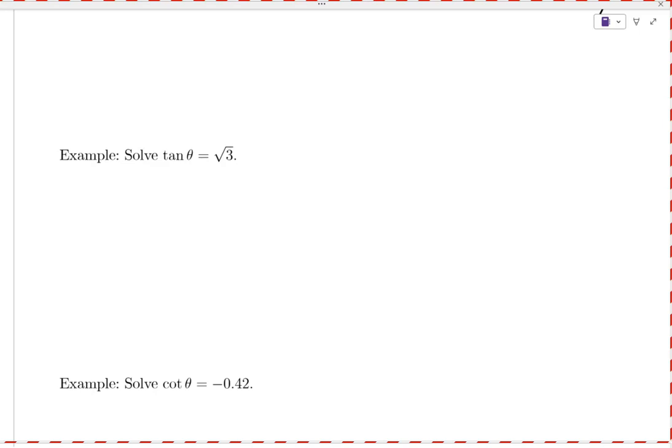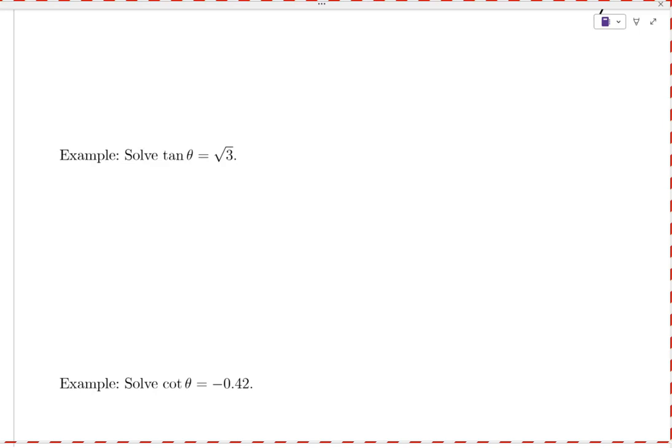So here, again, let's do the solutions in one period from 0 to pi. First off, I'll notice that tangent's equal to a positive number. What quadrant are we looking in? The first and third, but then again, we're only going from 0 to pi in this case, so we really only need to look in the first quadrant, right? So in the first quadrant, what angle do you know has a tangent equal to square root of 3? It's tangent, sine over cosine, so the root 3 needs to be in the numerator.